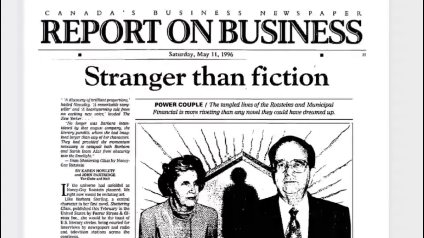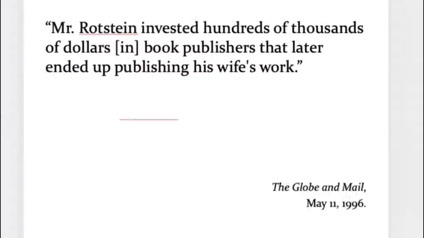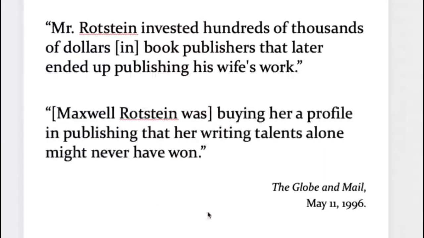And this article suggested that Mr. Rotsein invested hundreds of thousands of dollars in book publishers that later ended up publishing his wife's work, and that he was in fact buying her a profile in publishing that her writing talents alone might never have won. Right, so basically they're saying that financially they kind of bribed this publisher to publish this book. That the sales figures of the book had been artificially inflated, and the book was no good, and it was just like a vanity publication.